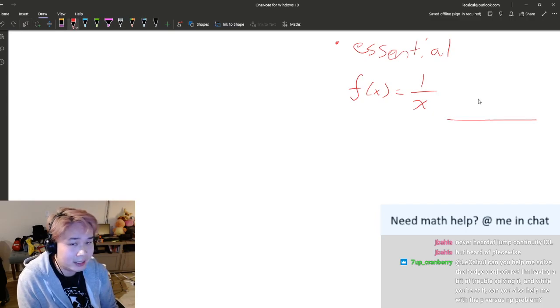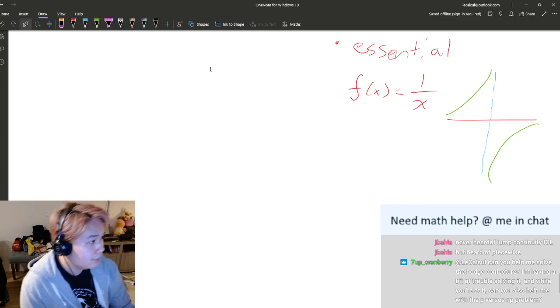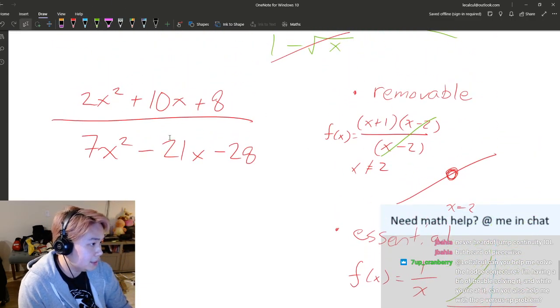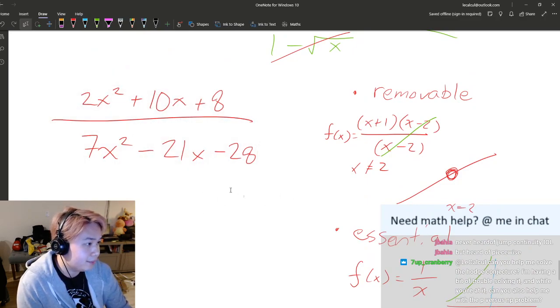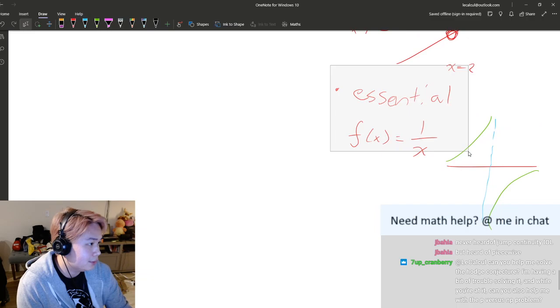So this is when you get a vertical asymptote. And then again, your graph can go like whatever. So essentially, if you want to find the vertical asymptotes of this, you need to factor the top, you need to factor the bottom, you need to see which factors cancel out, because those are removable discontinuities. And then any factors that aren't canceled out in the denominator, those are essential. So that's where your vertical asymptotes are going to be.